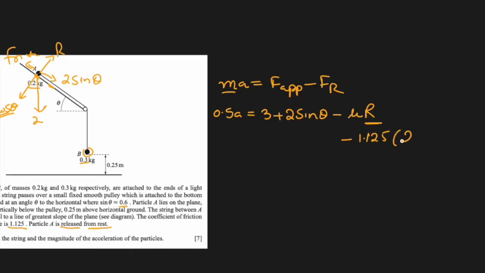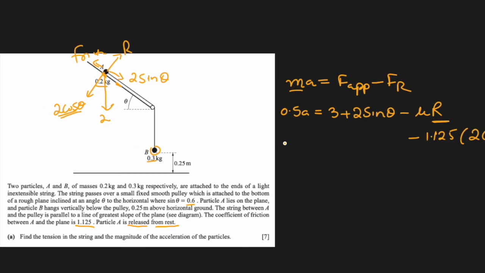And resistive force, we just got it, 2 cos theta. Okay, and now we can write 0.5 A is equal to 3 plus 2, and sine theta value is given 0.6.